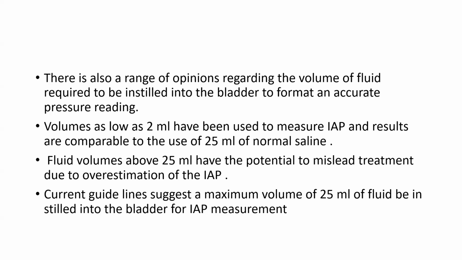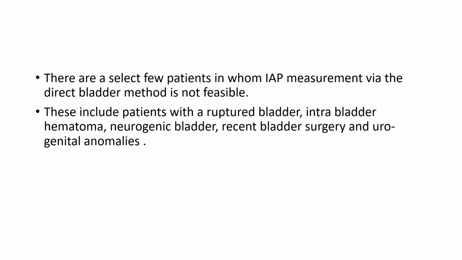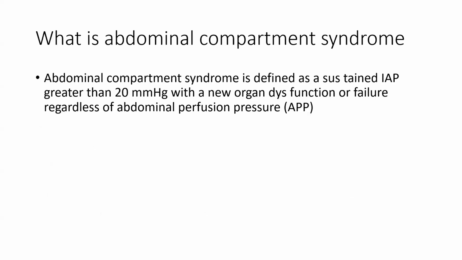Current guidelines suggest a maximum volume of 25 ml of fluid be instilled into the bladder for intra-abdominal pressure measurement. There are a select few patients in whom intra-abdominal pressure measurement via the direct bladder method is not feasible, which include ruptured bladder, intrabladder hematoma, neurogenic bladder, recent bladder surgery, and urogenital anomalies.